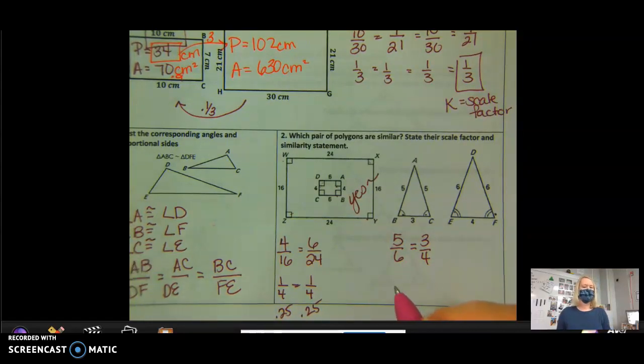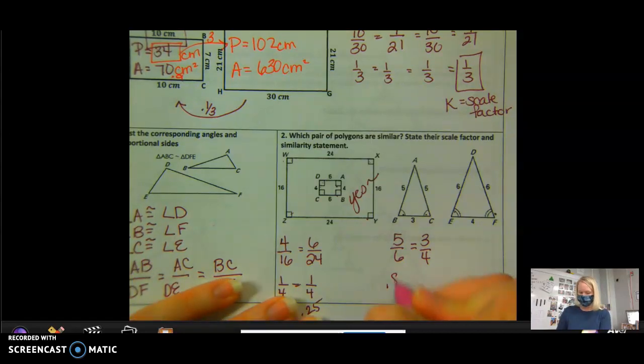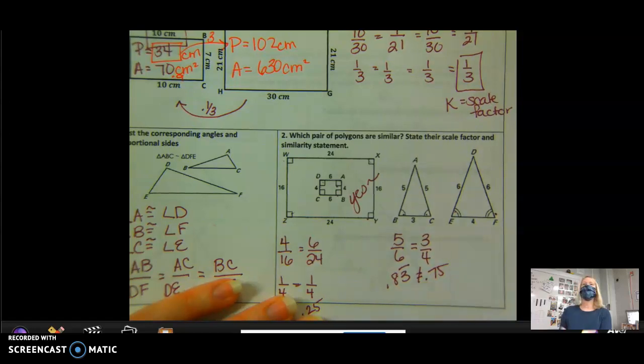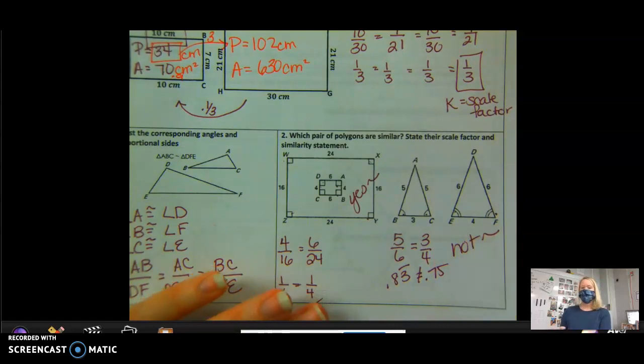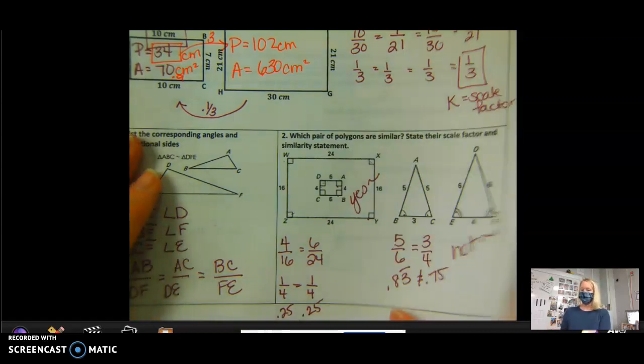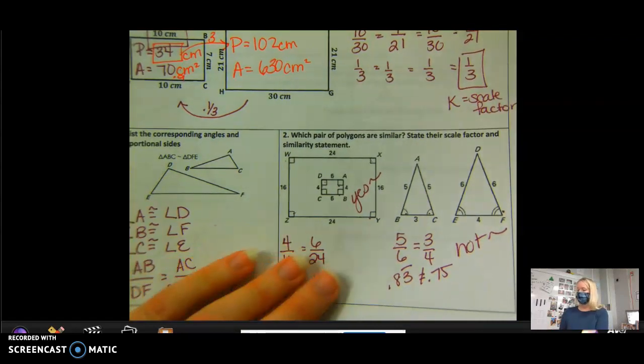Do you guys have a calculator out? And is the 3 the one repeating, right? Okay. And then what's 3 divided by 4? Everybody should know that. So are those two things congruent? No. So these are not similar. Okay? Angles aren't similar, and the side lengths are not in proportion.